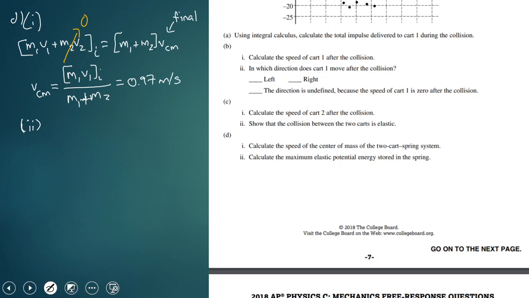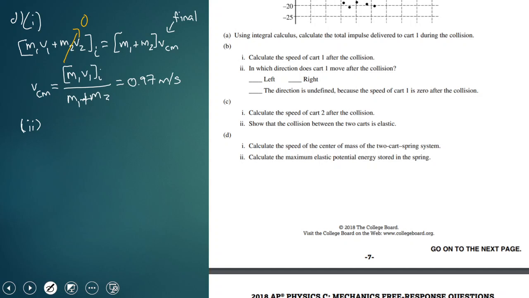So that was part 1. Now part 2 says calculate the maximum elastic potential energy stored in the spring. For this purpose, I personally prefer using just conservation of energy. I think it's probably the fastest method, but what you could do is calculate potential energy from force.